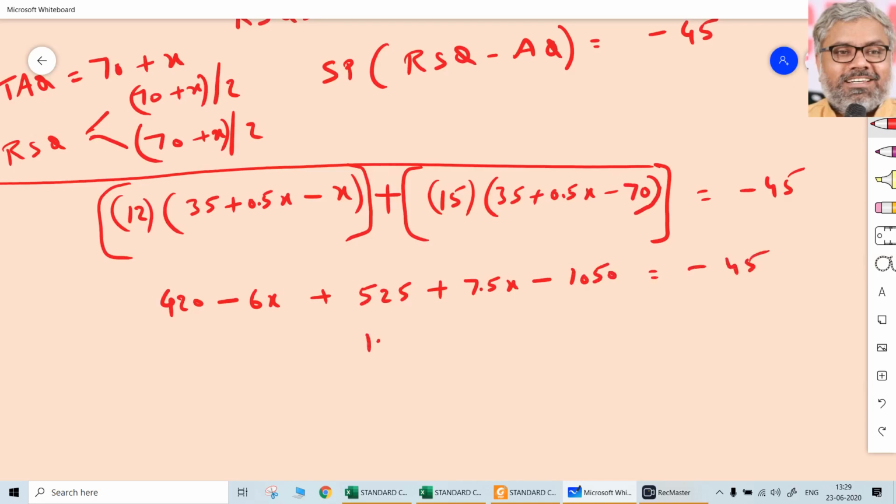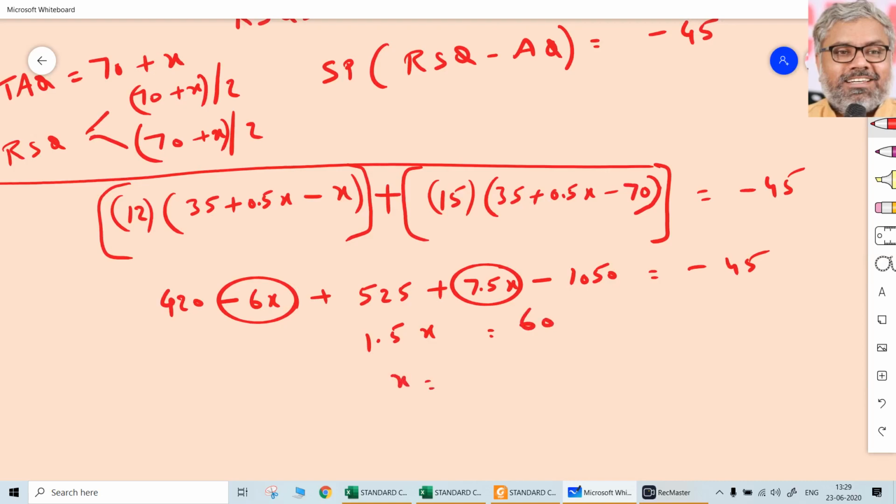So take all of them at one place. 7.5x minus 6x, that is 1.5x, is equal to 1050 goes to other side, becomes positive, minus 45, minus 420, because 420 also becomes negative, minus 525. That means 1.5x is equal to 60.